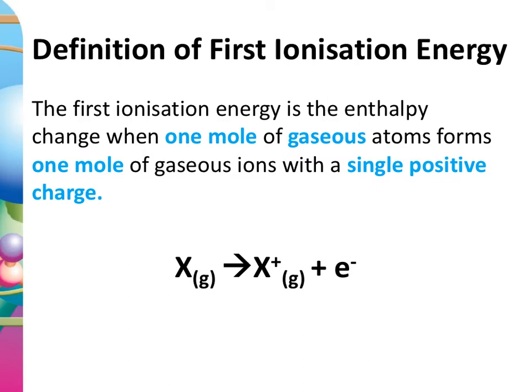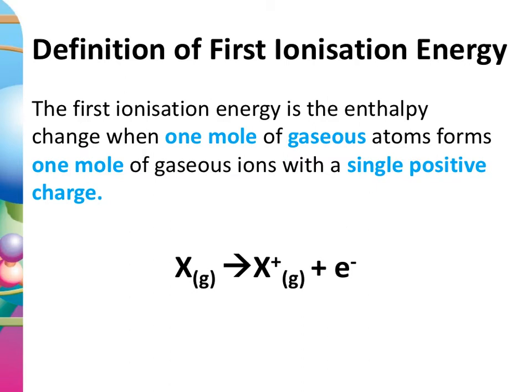First ionization energy will crop up much later in the course, and it won't be the only definition that you have to learn or understand. It's really about understanding definitions, and the first part of understanding a definition is to remember it.